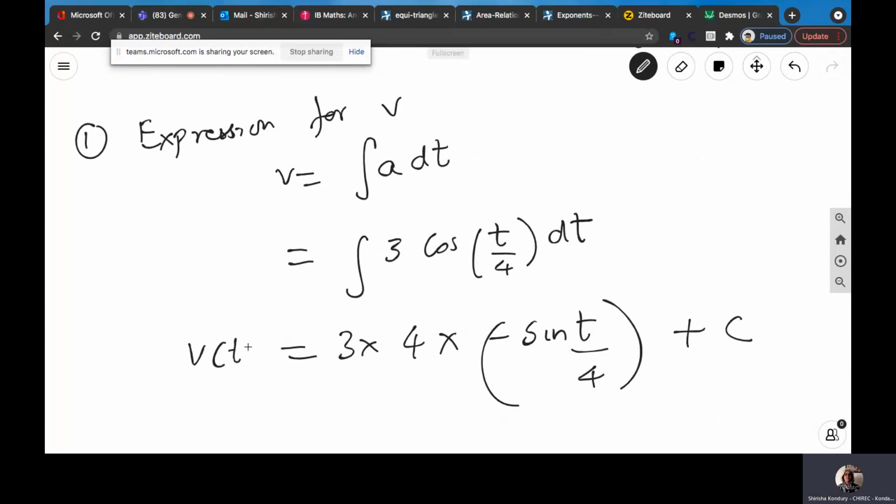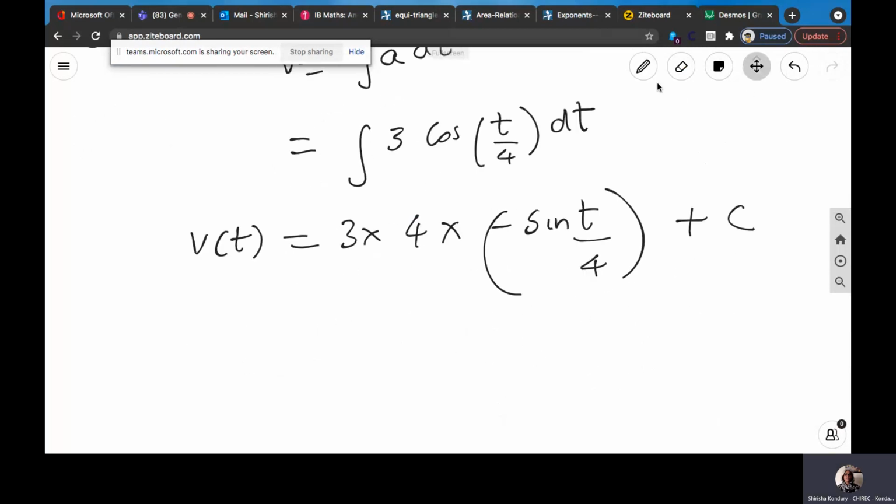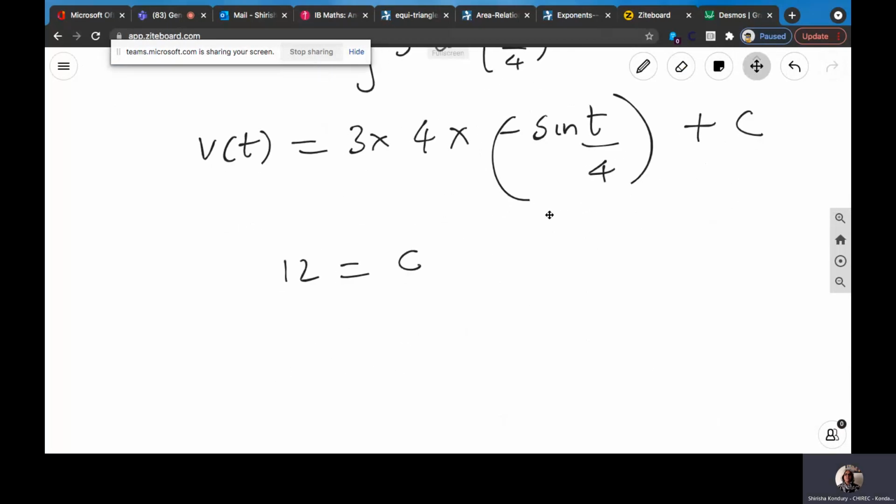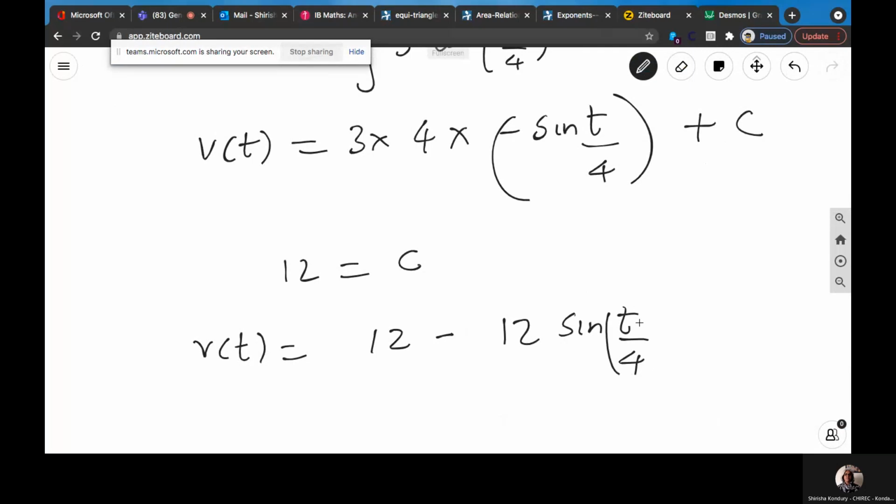This is the expression for velocity. What else we know is when t is 0, velocity is 12. If I substitute t as 0, sine of 0 is 0, so I get 12 is equal to c. So my final expression for velocity will be 12 plus 12 sine t by 4, or I can take 12 common and write 12 times 1 plus sine t by 4.